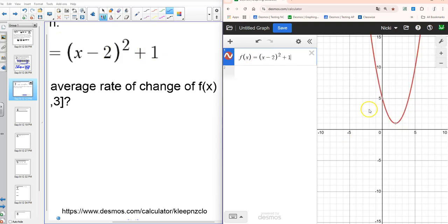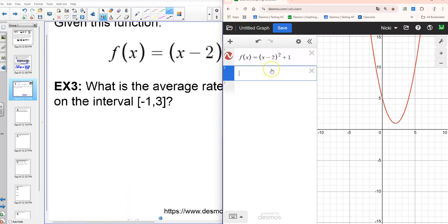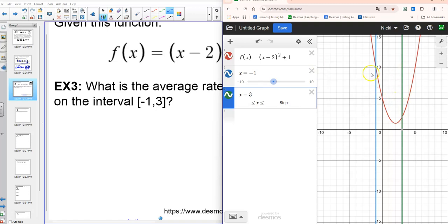Alright, so if I am looking at this graph, and I care about from -1 to 3, so x equals -1 and x equals 3, I'm looking at the average rate of change from here down to here. Is it going to be positive or negative? It's going to be negative because I have decreased during that time.